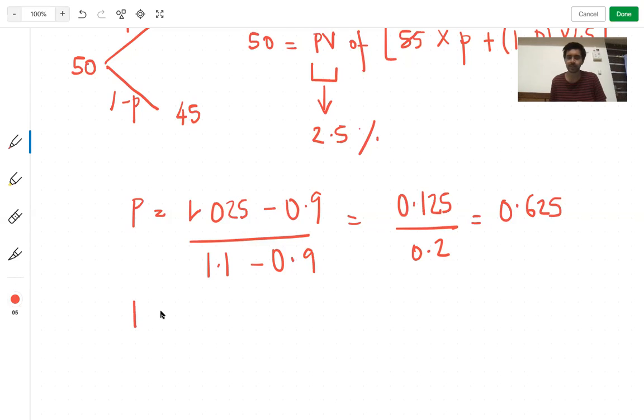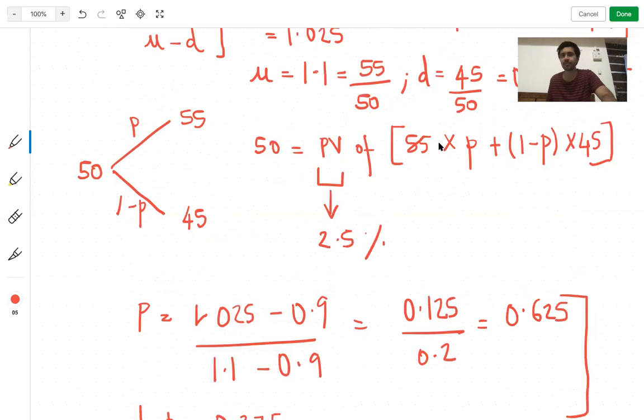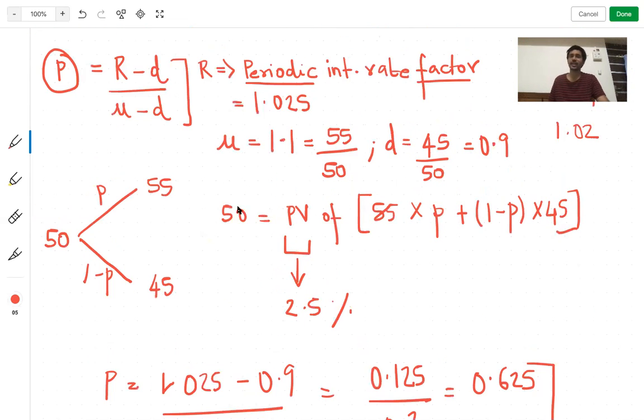Obviously, 1 minus P, which is the downside move, is equal to 0.375. These are exactly the same answers that we got under the approach where we equated the LHS, which is the current share price, with the RHS, which is the present value of the expected share price.